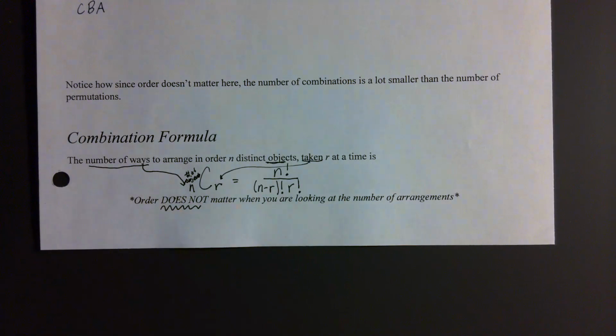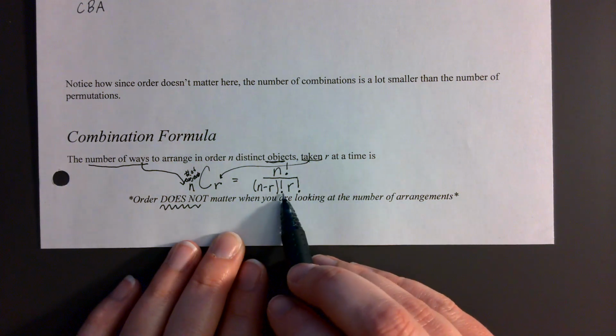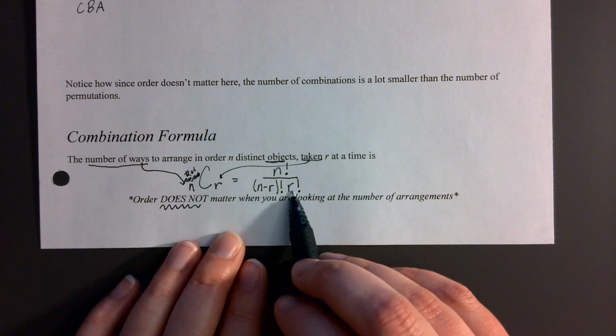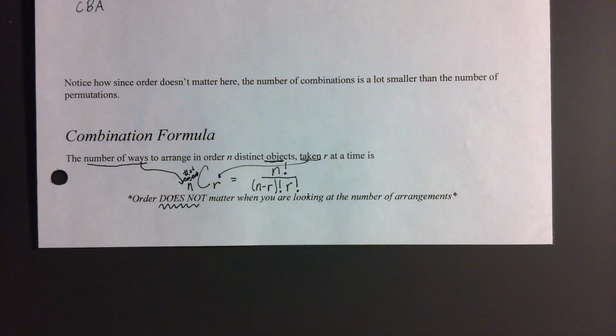So we take n minus R factorial, which is basically the permutation, and we're just dividing out the repeats. That's really all we're doing here. So let's go ahead and try some examples.